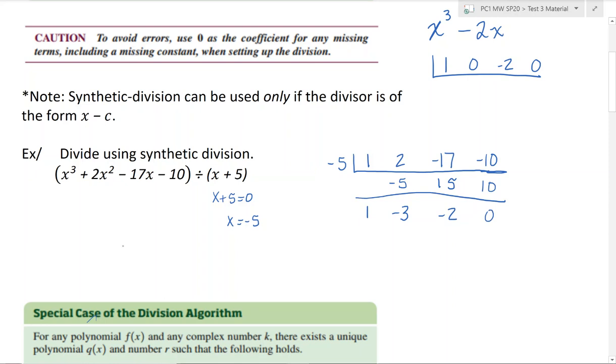That is the process. So now we're going to go ahead and write this x cubed plus 2x squared minus 17x minus 10 is equal to the x plus 5 that we divided out times the quotient of x squared minus 3x minus 2. So you have started the factoring process.